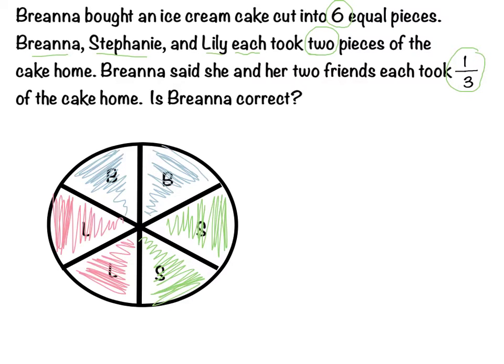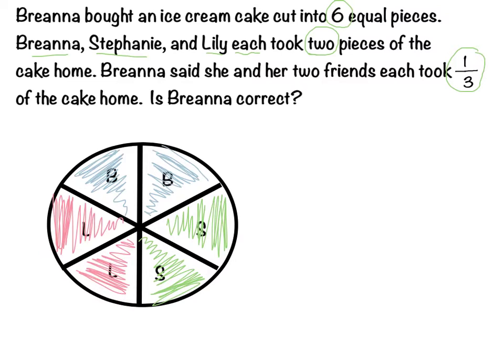And now I'm going to look at my problem again to see what it's asking and see if my model helps me this time. It says Brianna said she and her 2 friends each took 1/3 of the cake home. Is Brianna correct? Well, now that I look at my model, all shaded in, I can see that there are 1, 2, 3 colors.